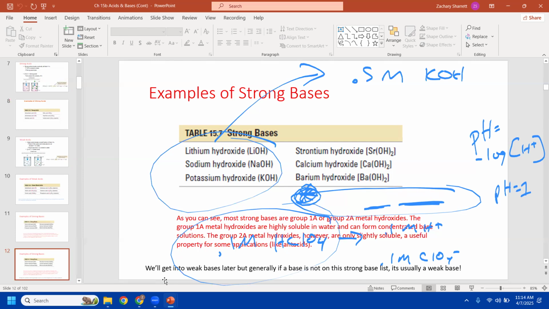So if we have 0.5 molar KOH, that is going to dissociate into 0.5 molar K plus and 0.5 molar OH minus. Everybody see that? So if I want to calculate the pH of this 0.5 molar KOH solution, I have to realize it's a strong base. That means all of this base is going to be dissociated. Can I find the pH directly from the OH minus concentration? What do we think?